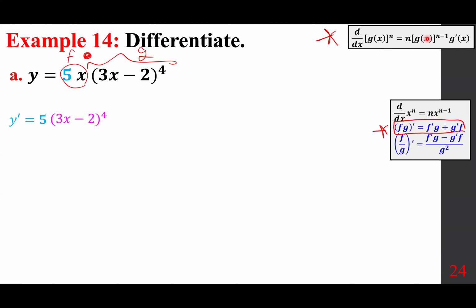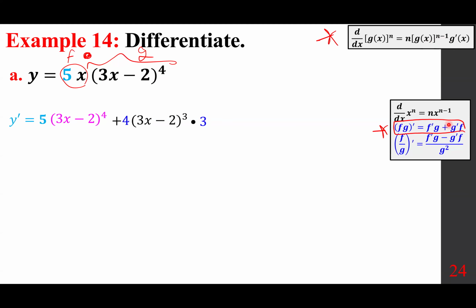Now, the derivative of this guy requires the extended power rule, which is 4 times (3x minus 2) to the power of n minus 1, (3x minus 2) cubed, times g prime. The derivative of the inside is just 3.